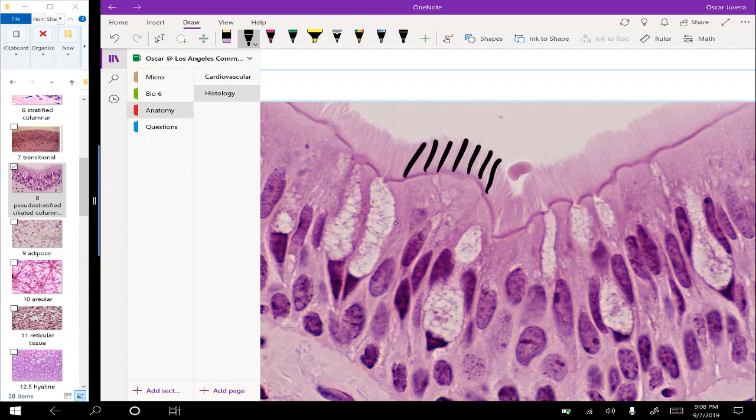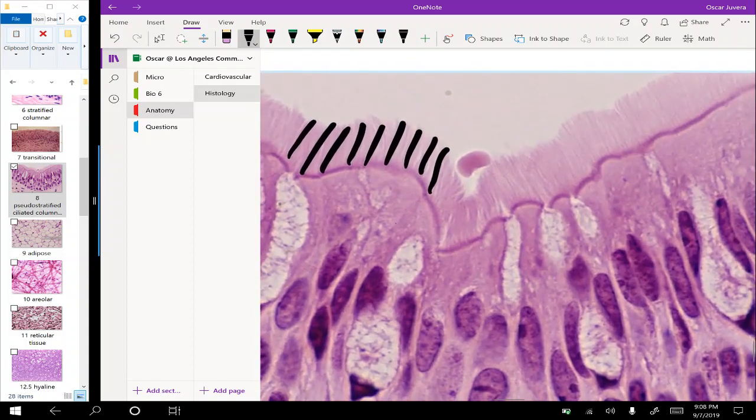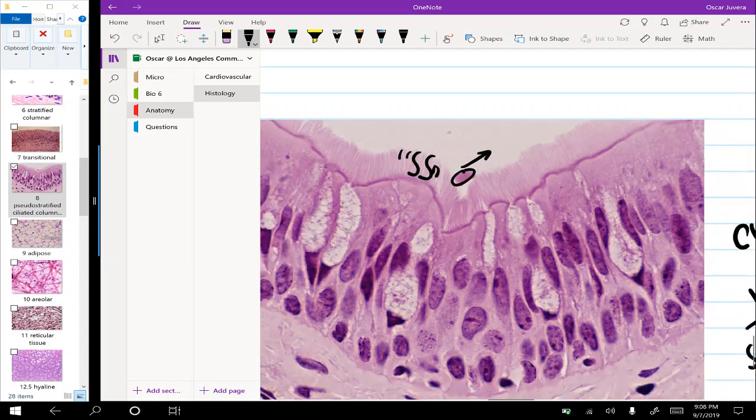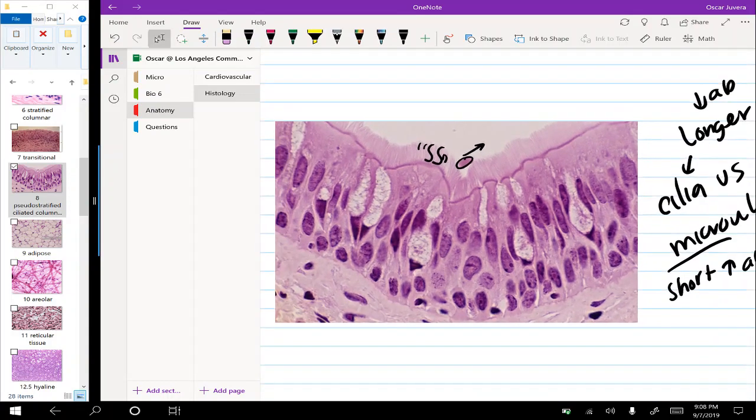And the main function of the cilia is to move things across the surface. Let's pretend that this little guy is, I don't know, just some dust particle right there. So the cilia are going to move like waves. And they're going to move this little guy out so you can sneeze it or cough it out of your system.